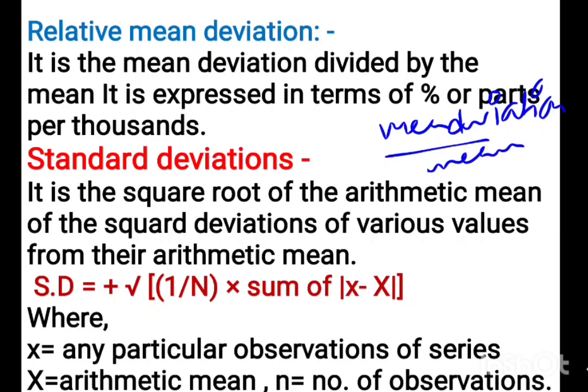That is, standard deviation equals root over, in bracket, 1 by N. N is the number of observations. This will be capital N, make sure to note capital N. So N is the total number of observations, multiplied with the sum of small x minus capital X.